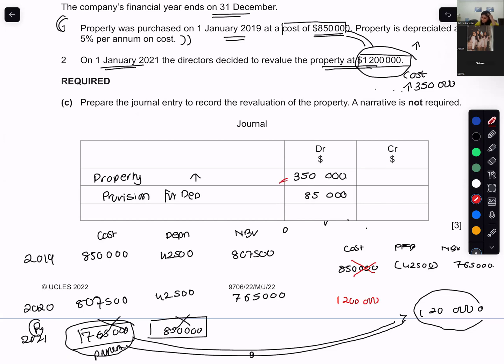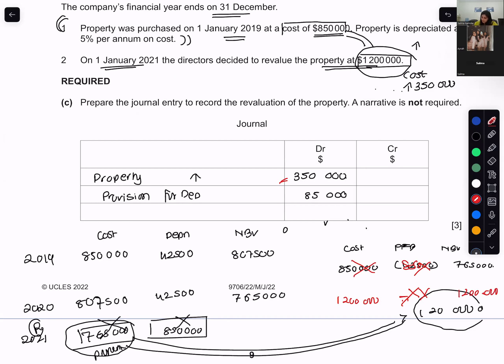Will there be any depreciation? No, this will go away, because if you keep this 85,000 over here, then the amount will change, right? So you have to cancel this out. And on 1st January, the valuation of your property becomes 1,200,000.